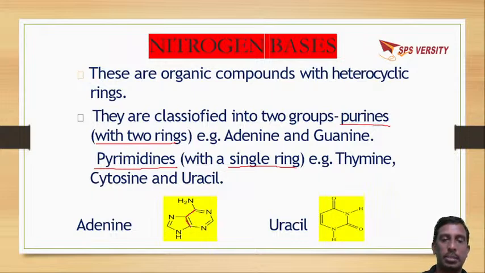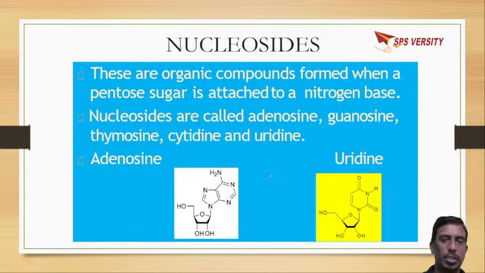one ring with 6 positions and another ring with 5 positions. So it is called a double cyclic ring-like structure. And this is uracil, which is a pyrimidine, which is a monocyclic ring structure. Mono means one ring. Okay. So we have purines and pyrimidines.